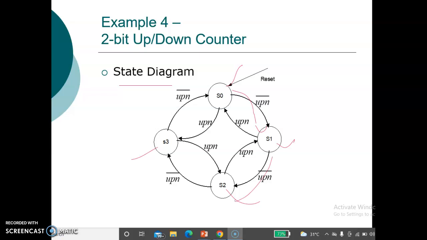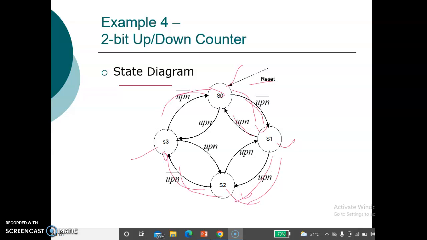S0 to S1, S1 to S2, S2 to S3, S3 to S3 again same. Okay. Here reset. This is the reset. Why UPN bar like this. Only UPN like this. So UPN bar, UPN bar, UPN bar.